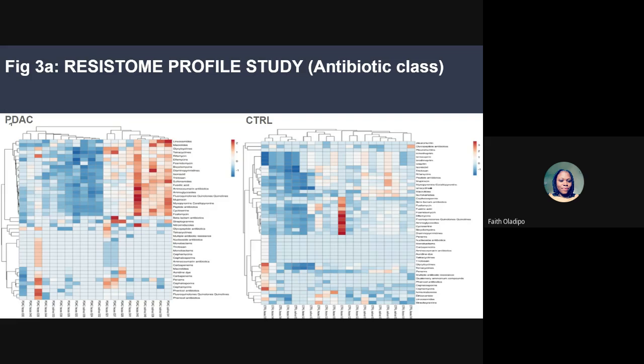It showed the presence of antimicrobial resistance genes that are very prevalent in the oral metagenome, which could be a result of gene transfer from the gut due to the dense microbial population in the environment. So there can be a transfer from the gut to the pancreas. That can be a reason why there is a high prevalence of these genes in the patients.